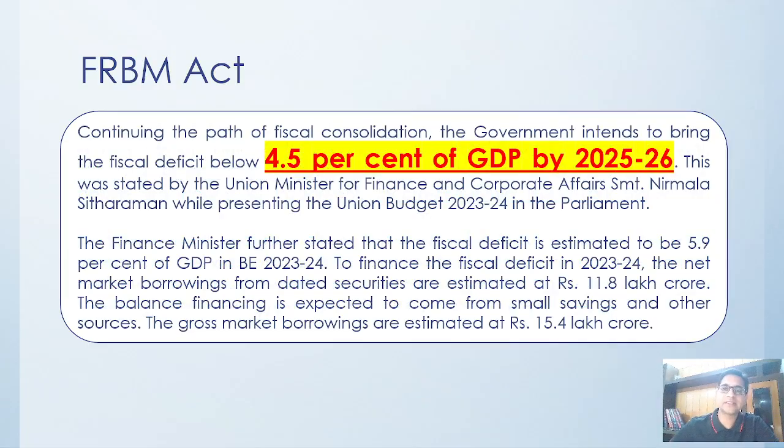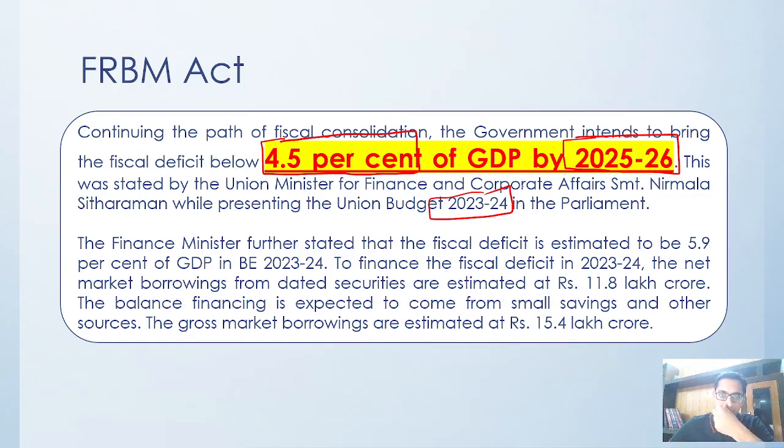Now the government is saying that it has set the target that by 25-26 they are going to achieve 4.5% of the fiscal deficit target, as per the Finance Minister Nirmala Sitharaman in the 2023-24 budget, last year's budget.